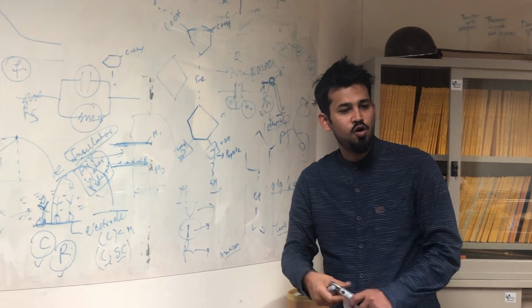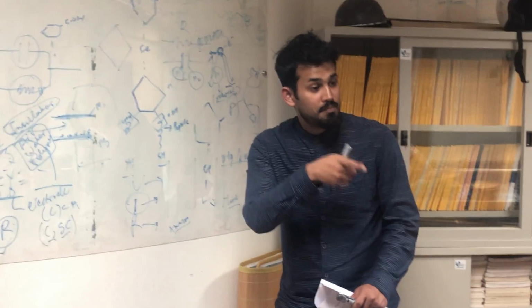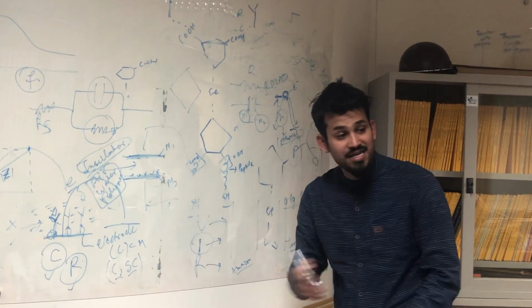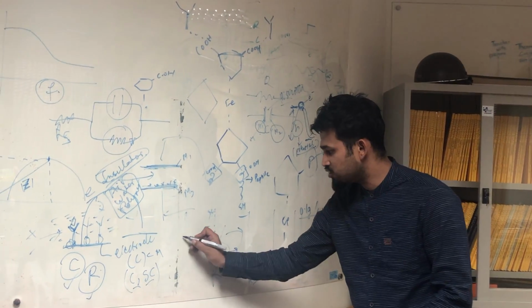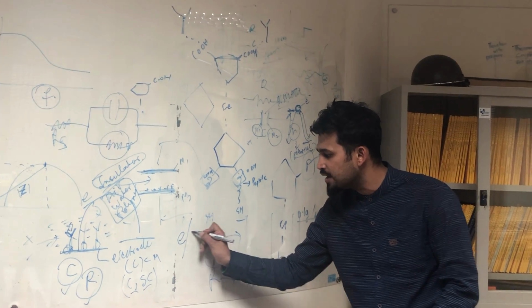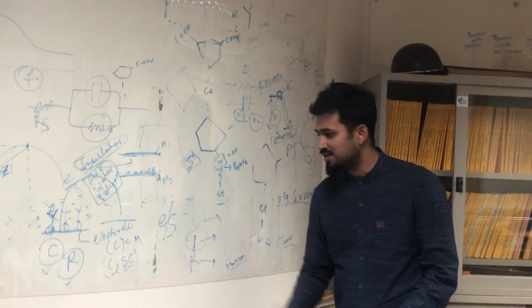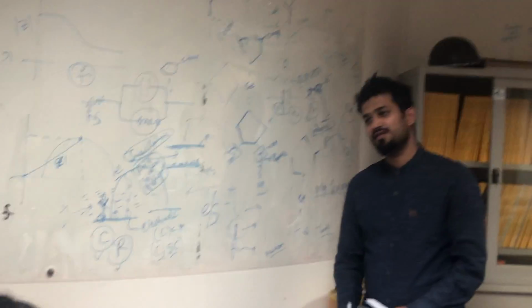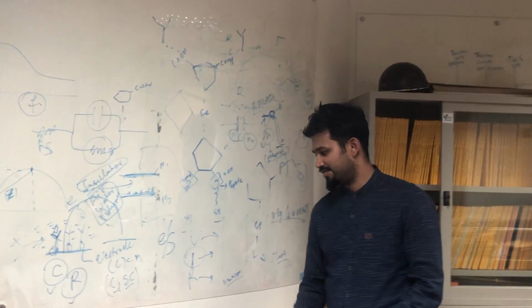Flow of charge, per second. So it's the rate of flow of charge, the number of electrons per second. That is what current is, right? Guys, this is basics.